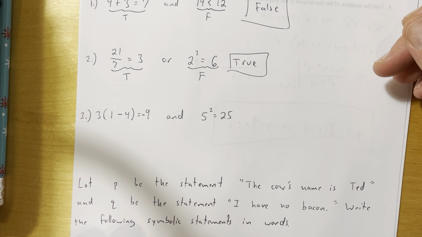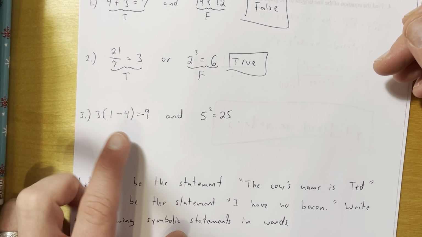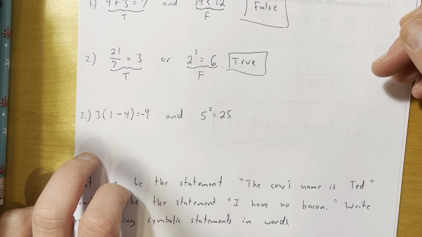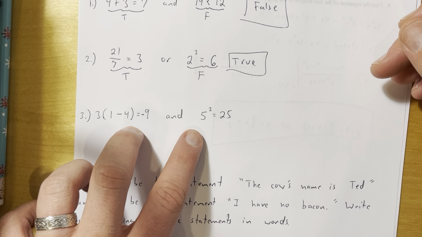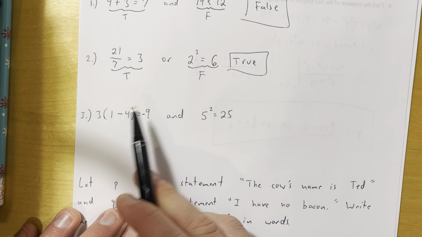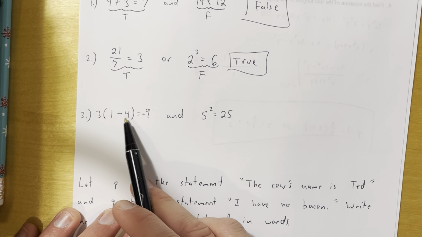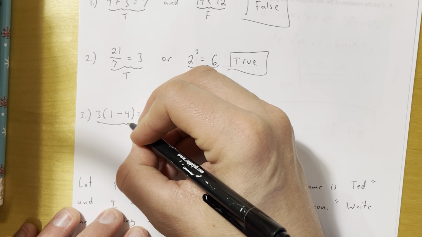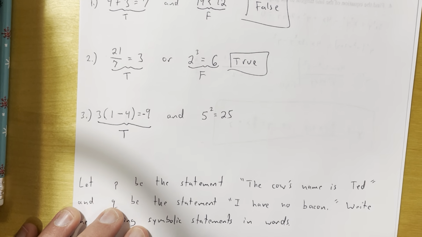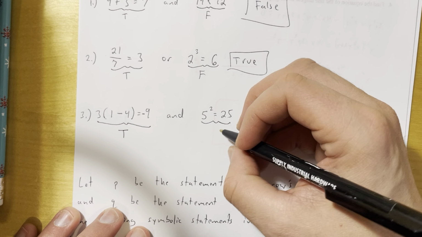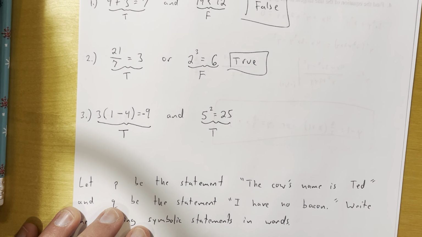Okay, one more example. This one says 3 times, and then in parentheses, 1 minus 4 equals -9, and 5 squared equals 25. So is this one true? Well, in the parentheses, 1 minus 4 is -3, and 3 times -3 is -9. So this does come out true. 5 squared is also easily known to be 25, so that's also true.